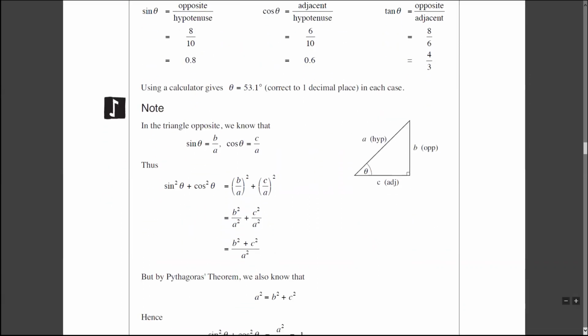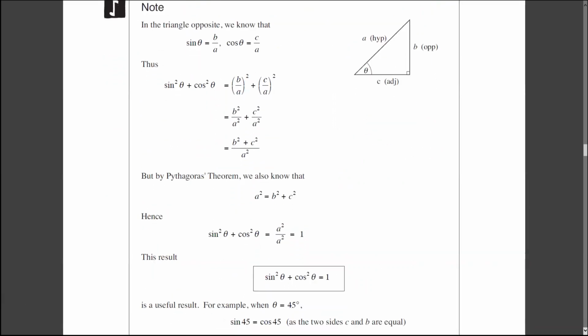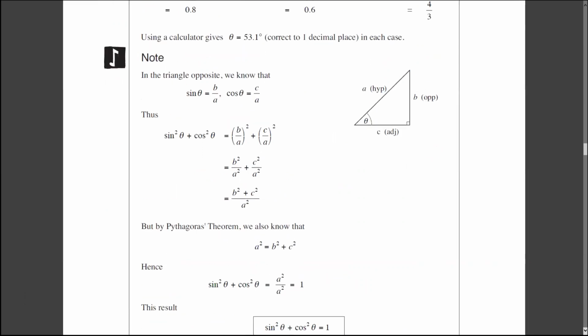Here they're giving some relationships in the triangle, and they use it to prove the Pythagoras theorem, which is interesting. It shows that sine theta is b over a, cos theta is c over a, and when you take the squares of them and add them together, you get b squared plus c squared over a squared.